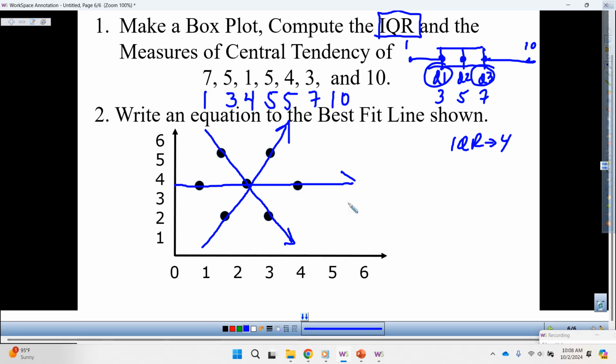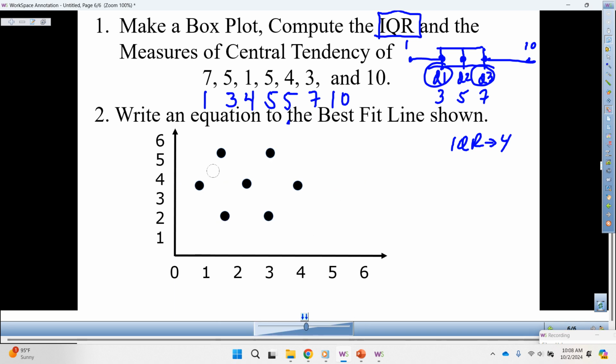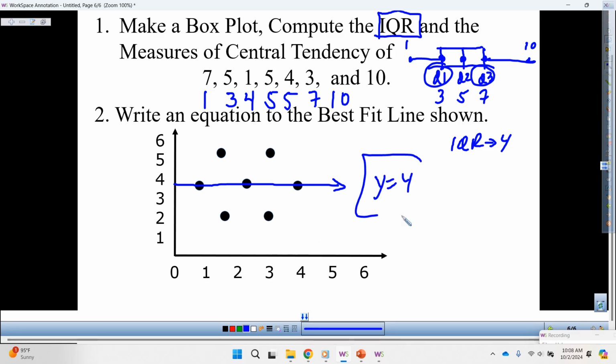It's just going that way. Therefore, let me erase all the other ones. If I just go straight that way, that means it doesn't have any positive or negative relation. So that means my equation shall be y equals 4. No slope.